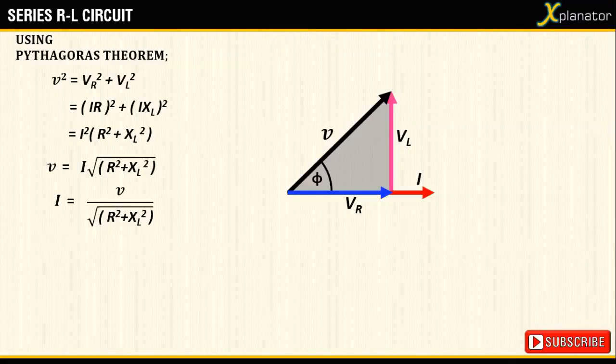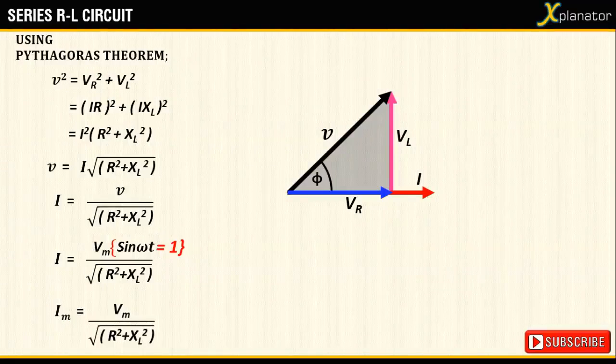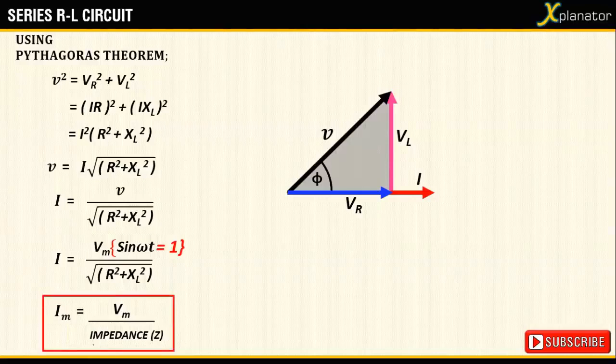Substitute V as Vm sin of omega t. It is seen that when sine reaches its maximum value, voltage reaches its maximum value, and so will the current. The value for Im is given as Vm divided by root over of R square plus XL square, where the term root over of R square plus XL square is called the impedance of the circuit.